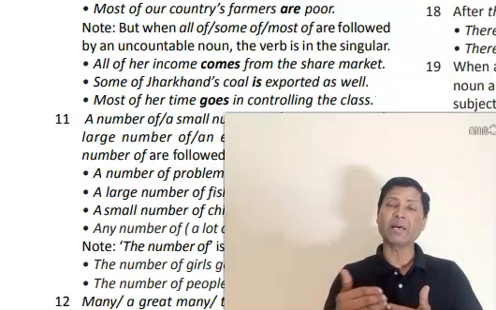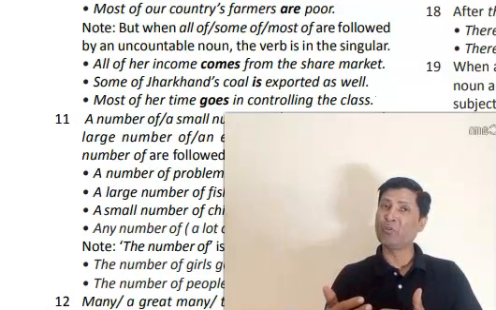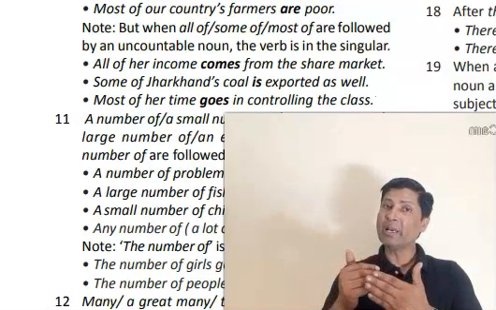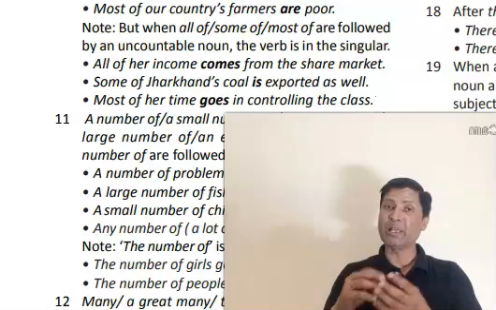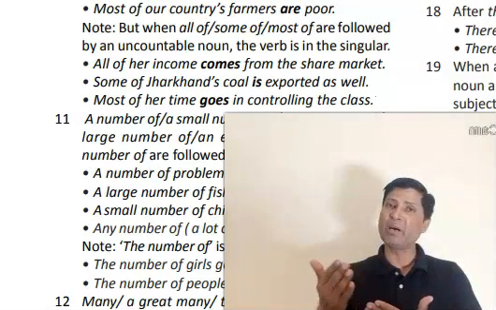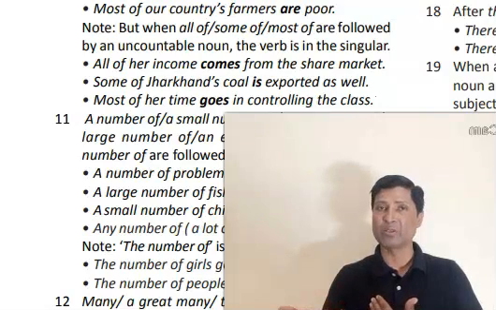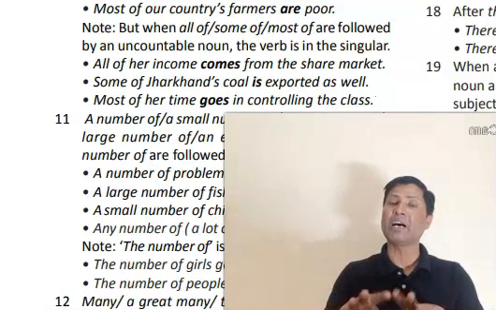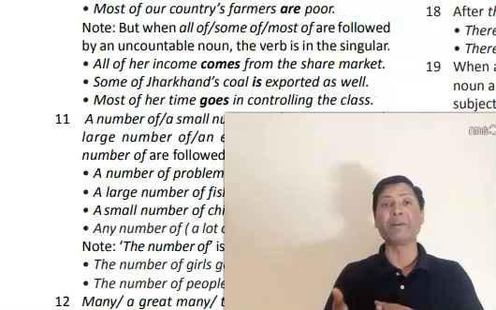These determiners are used both before countable and uncountable nouns. So when you are using them for countable nouns, they become plural, therefore the verb is plural. And if you are using them for uncountable nouns, the same determiners become singular, or uncountable.